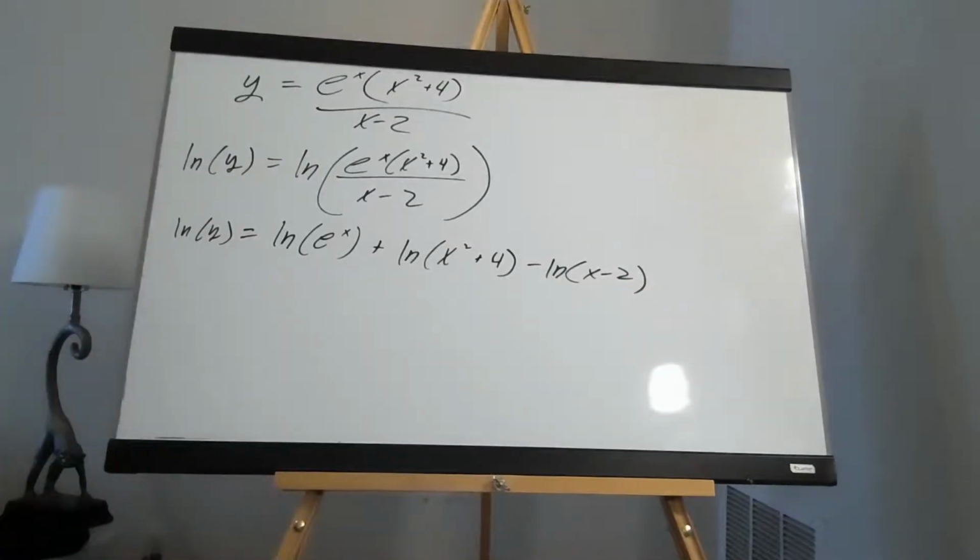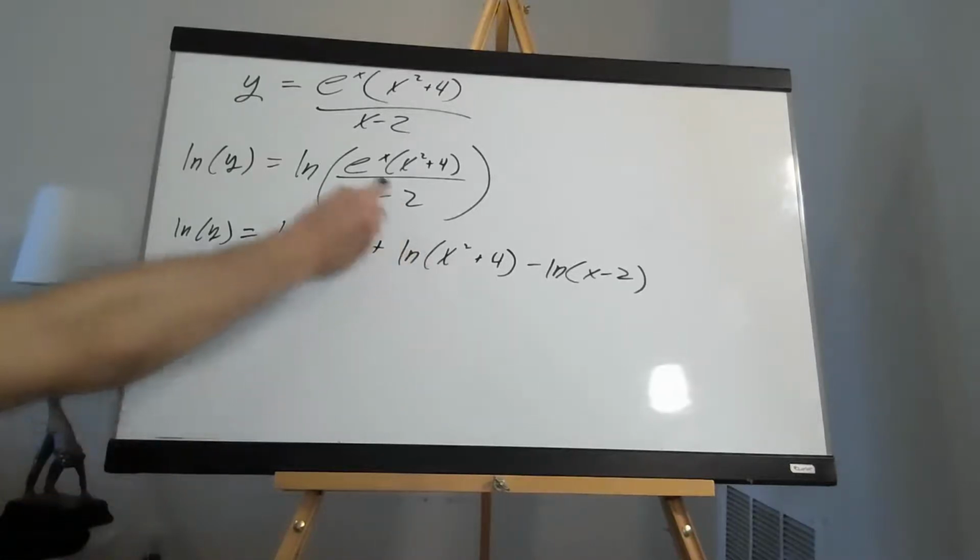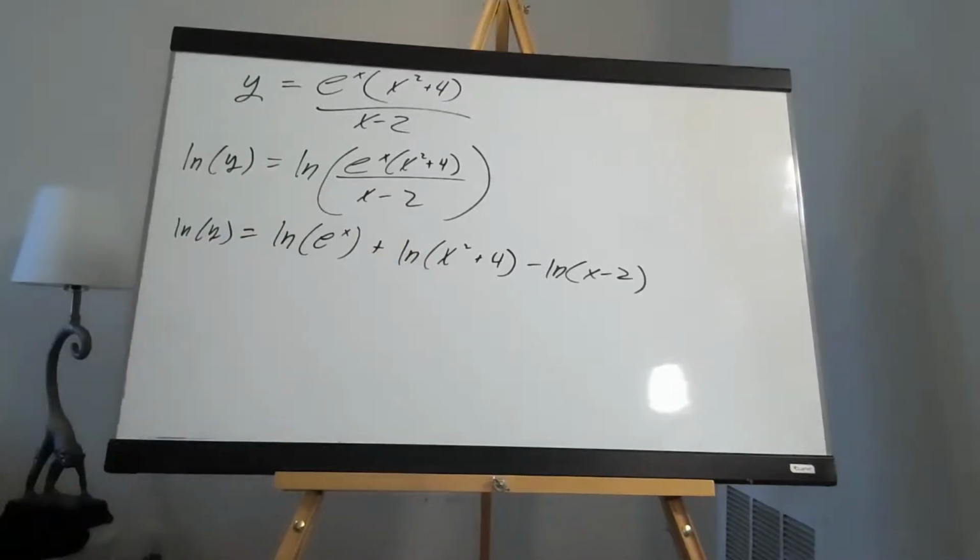So that is just how you break apart a log. You can rewrite them like this. This is equivalent to that. This is fair game. That's why logarithmic differentiation is so useful, because you can turn a problem that's super ugly like that into just a few lines instead of 2 pages of work.